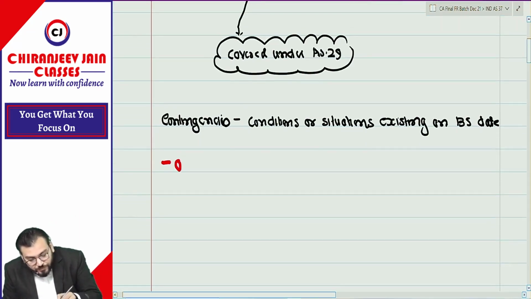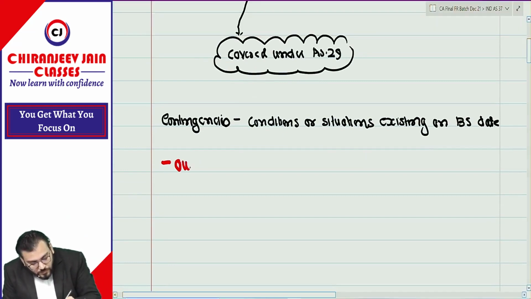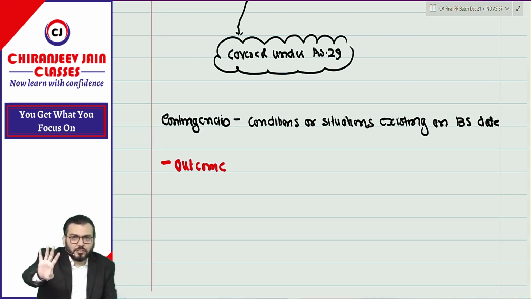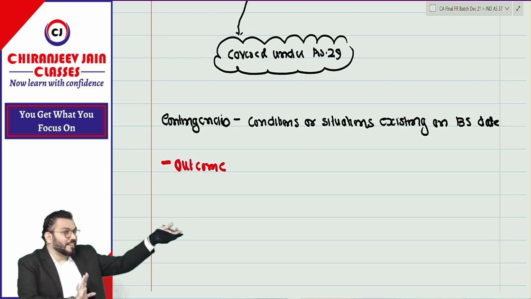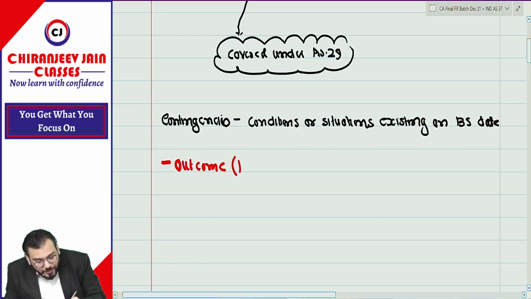Outcome of which, outcome means the happening. The condition is existing, but the outcome of that condition may be either favorable or unfavorable. Whenever I am saying outcome, it can be favorable or unfavorable.